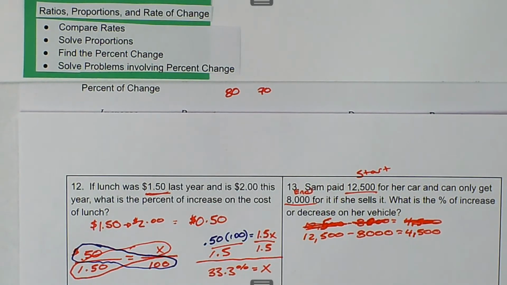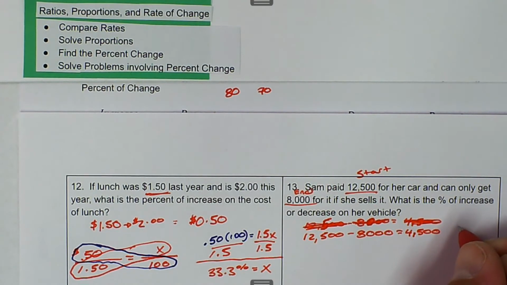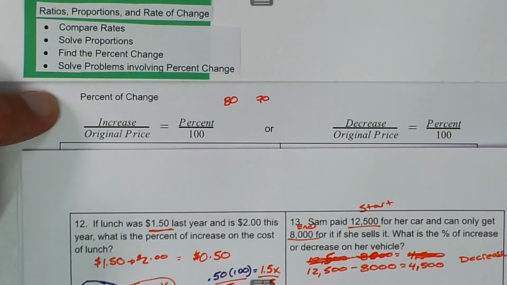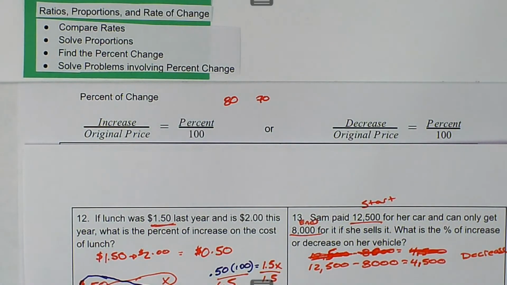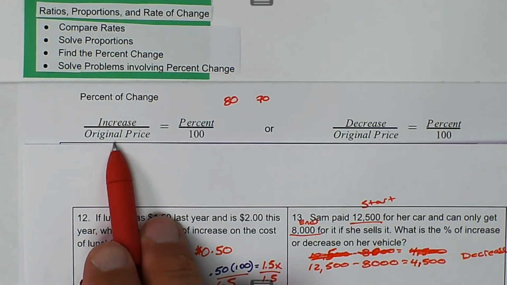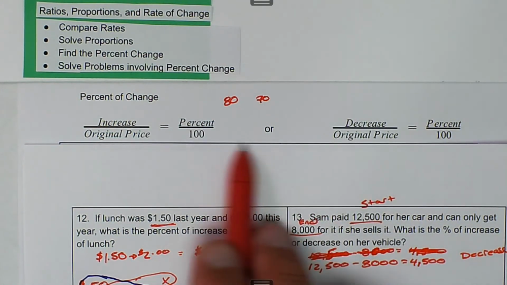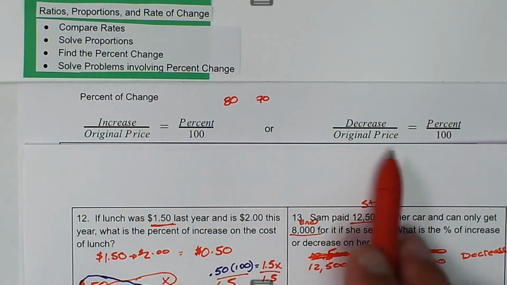All right, and what did we say that was going to be, increase or decrease? Decrease. Does that change our equation at all? The original price still goes on the bottom on the left, 100 on the bottom on the right.